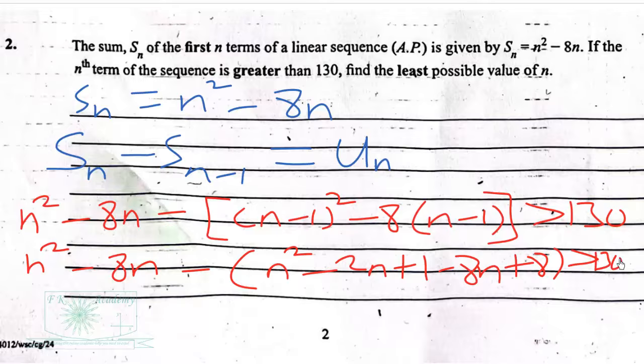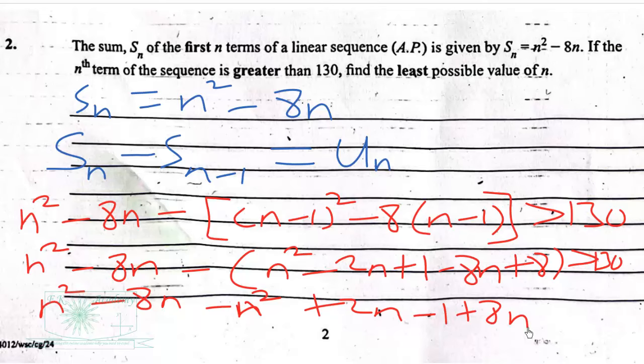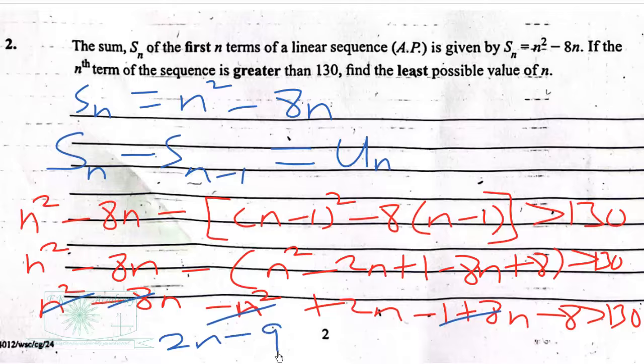So we can simplify this. We have n squared minus 8n minus n squared plus 2n minus 1 plus 8n minus 8 is greater than 130. So this will simplify to 2n minus 9 is greater than 130.